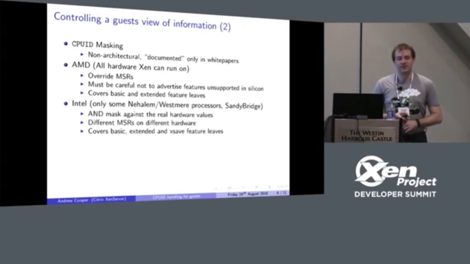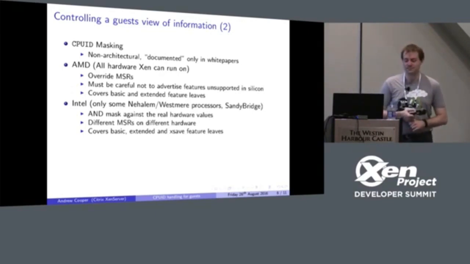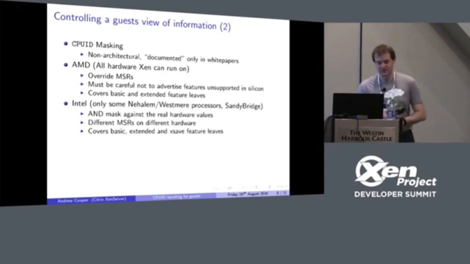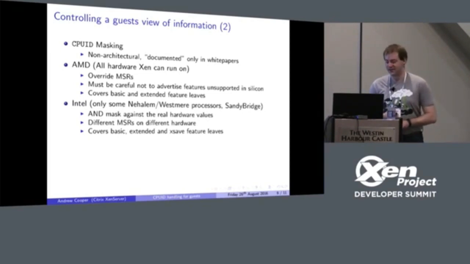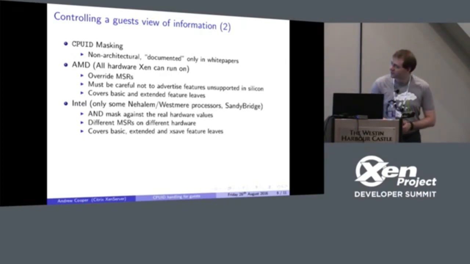It's an AND mask against the real hardware values, and because things are complicated, there are 7 different MSRs depending on exactly which variation of the processor you're on. So AMD covers the basic and extended feature leaves, which is kind of fine for them. Intel covers the Xsave leaf as well, and there are a few other random small ones around.